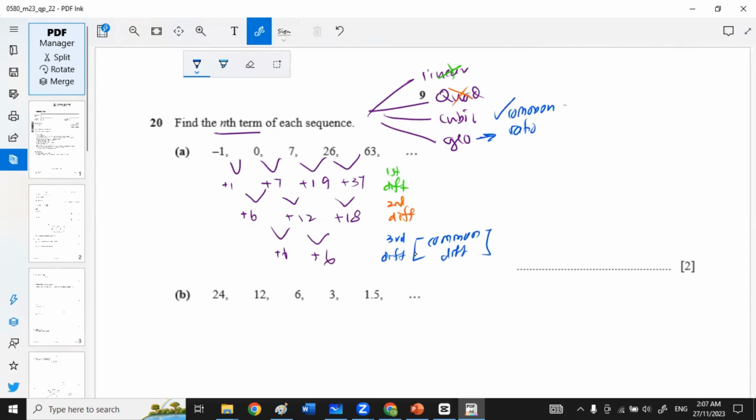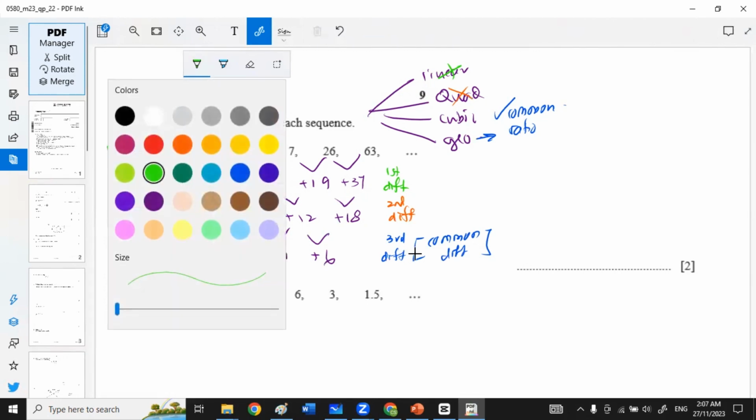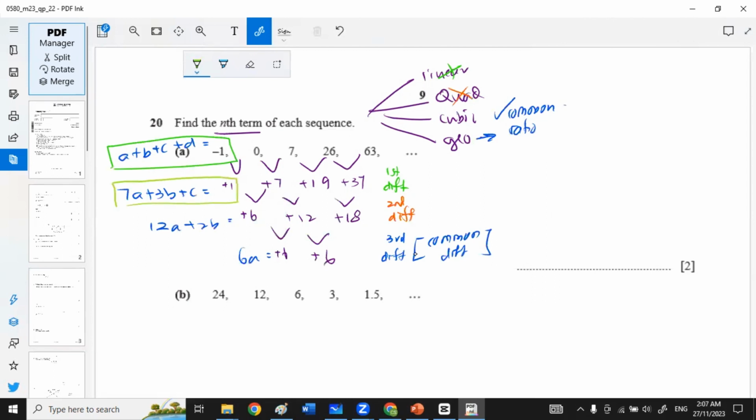So to find the nth term, you need to remember this: 6a, then 12a plus 2b, and 7a plus 3b plus c, and a plus b plus c plus d. So you have 4 equations: 1, 2, 3, and 4.